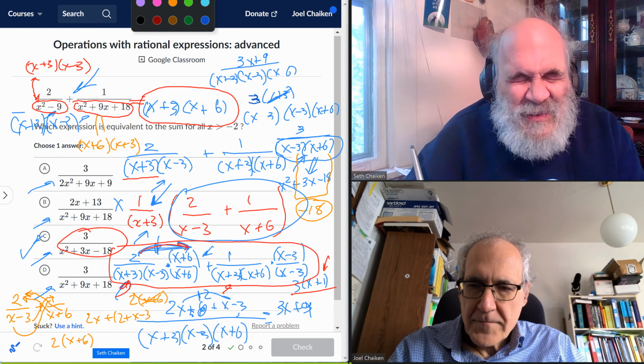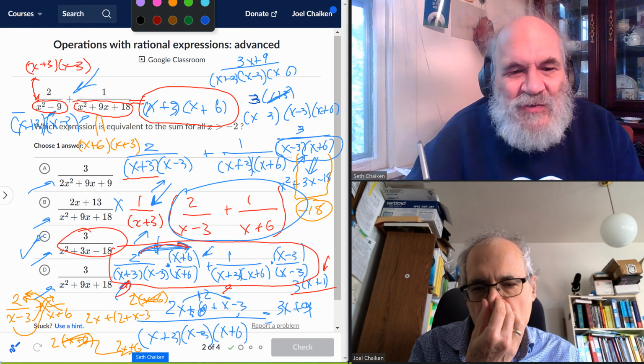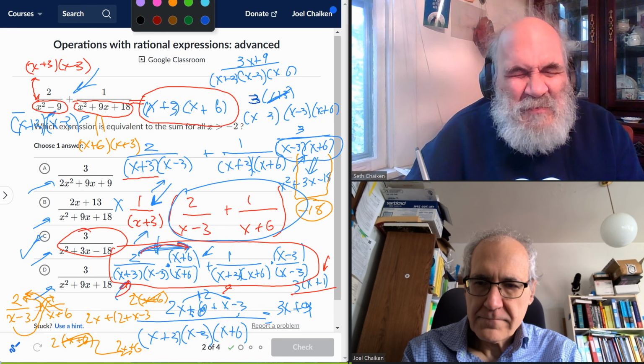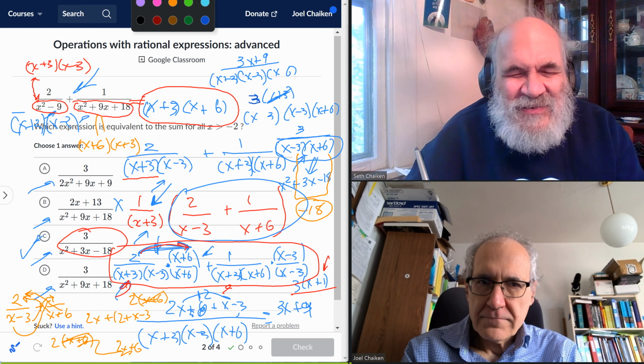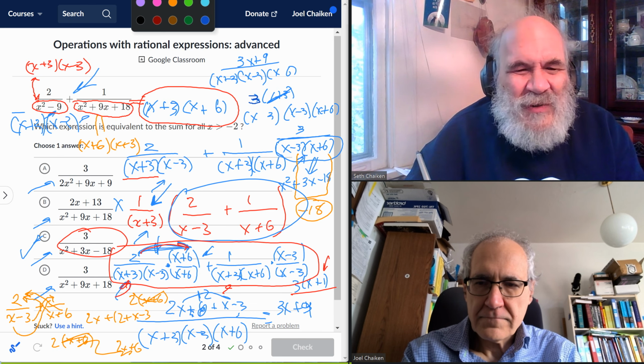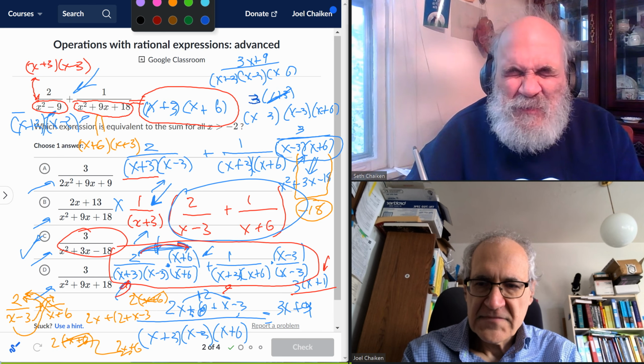And then what you translate that to is 2x plus 6. Yes, exactly. I made a mistake distributing. So it's bad. I think it's better to combine the mechanics of distributing the 2 times the x plus 6 right away.